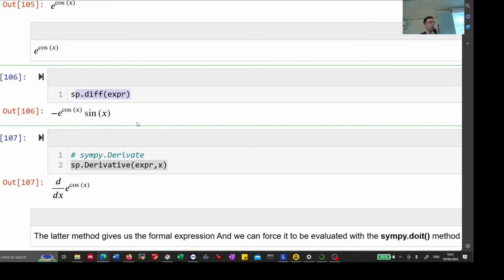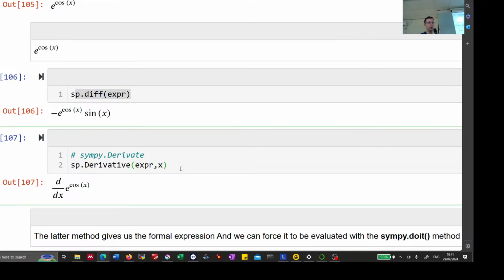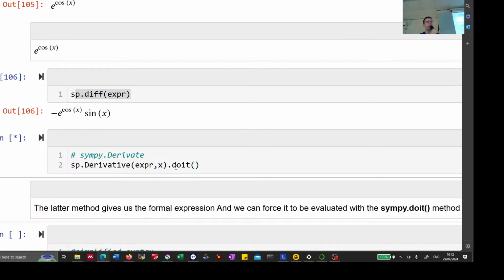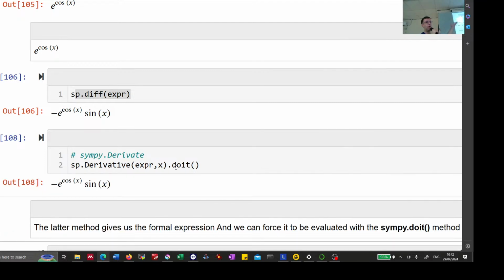So how do you make sure you don't make a copy-paste mistake? Well, you just add doit at the end, and Python is smart enough to know this is the derivative you want to do, and now you ask it to really do it.